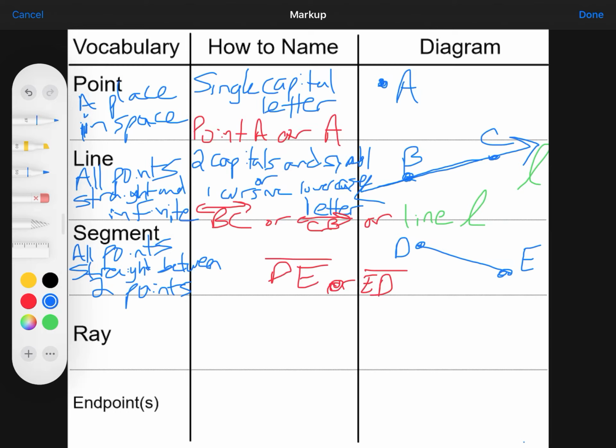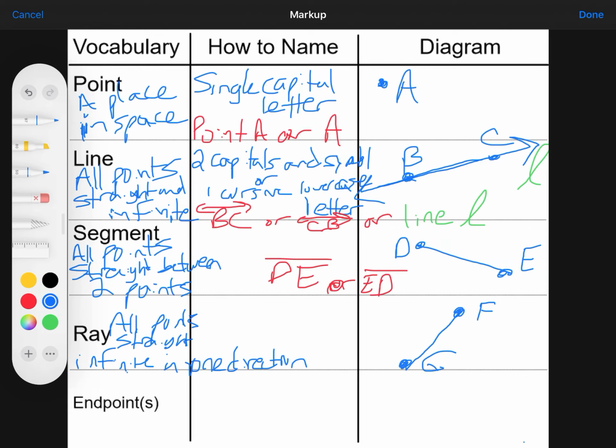Lastly, a ray. All points. Straight. And then not fully infinite like a line, but infinite in one direction. So starting at a point like here, F, starting from there and continuing on forever through point G, and then an arrow.